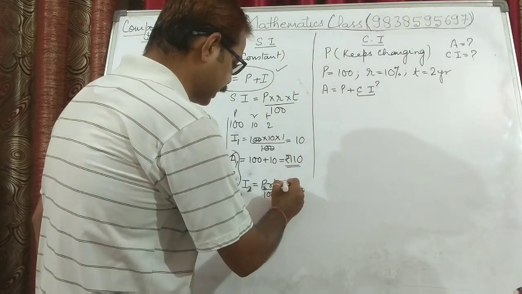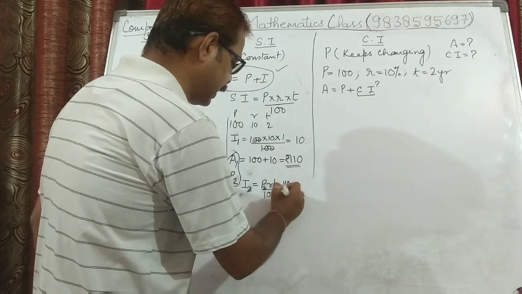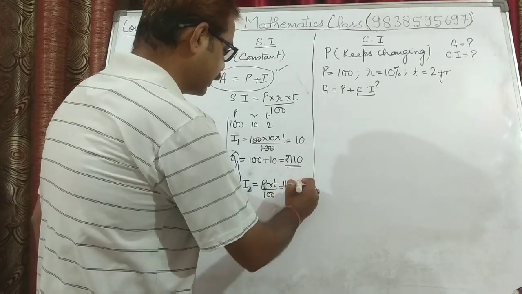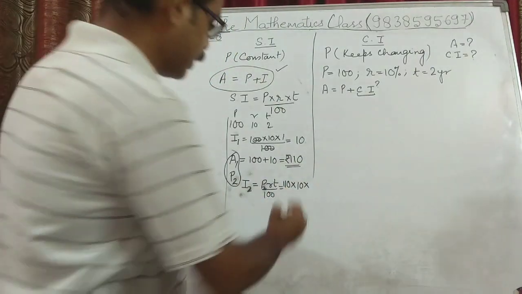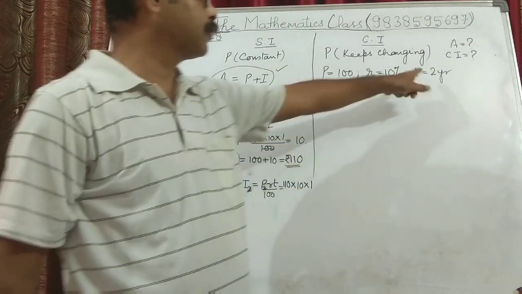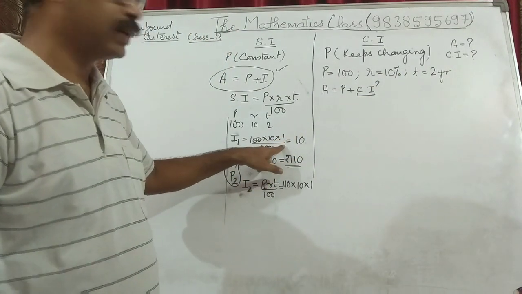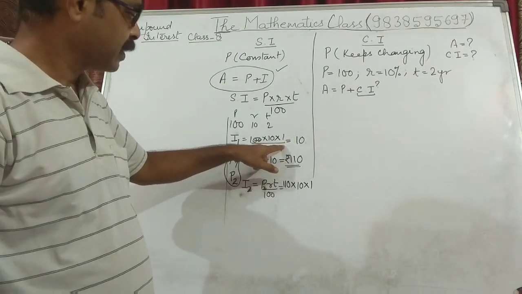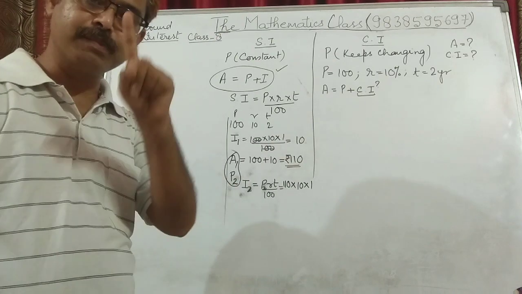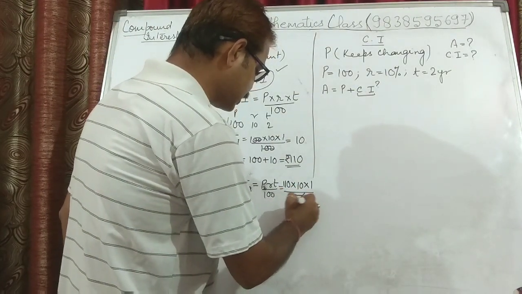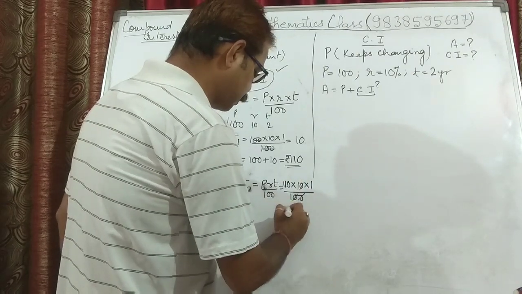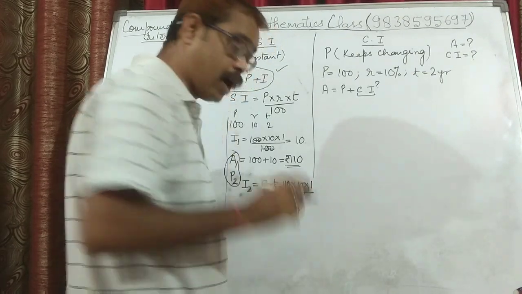So principal is 110, rate is again 10%, and time left is 1 year, because in total we have to calculate for 2 years. We have calculated the interest for 1 year, so for the second year 1 more year is left. Upon 100, this and this cancel. You get rupees 11. Now the interest is rupees 11.